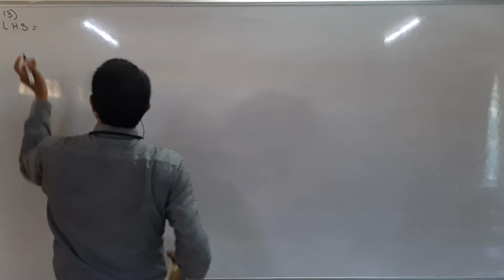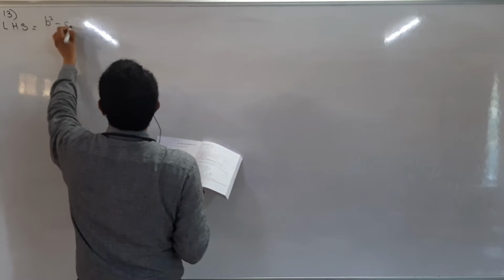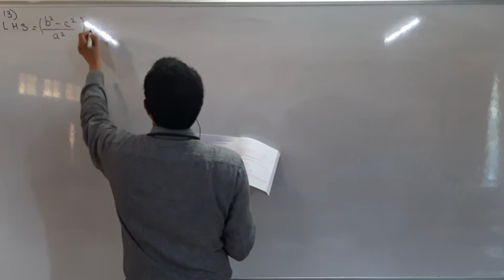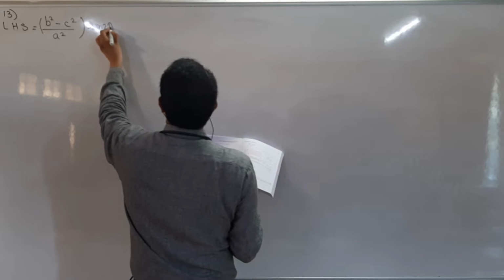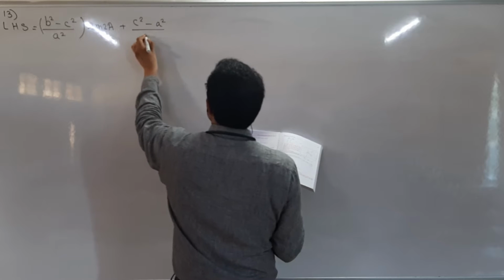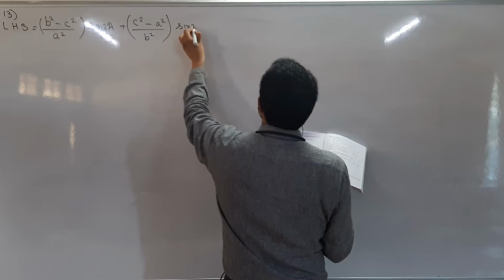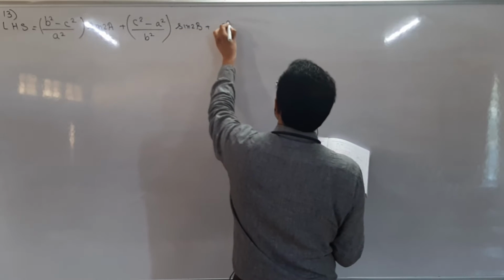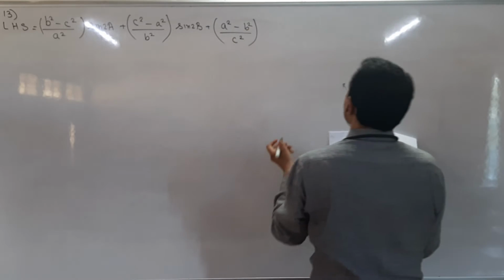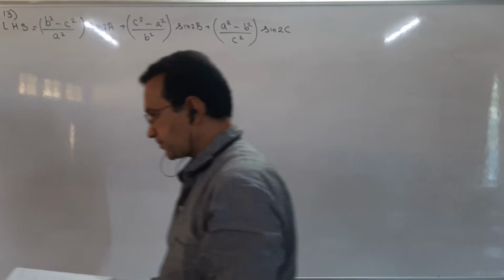Now 13th sum, we are writing LHS is equal to b square minus c square upon a square into sine of 2A plus c square minus a square upon b square into sine of 2B, and last a square minus b square upon c square into sine of 2C.